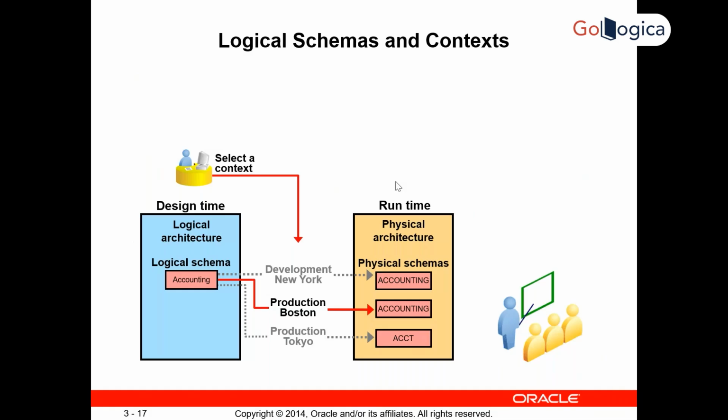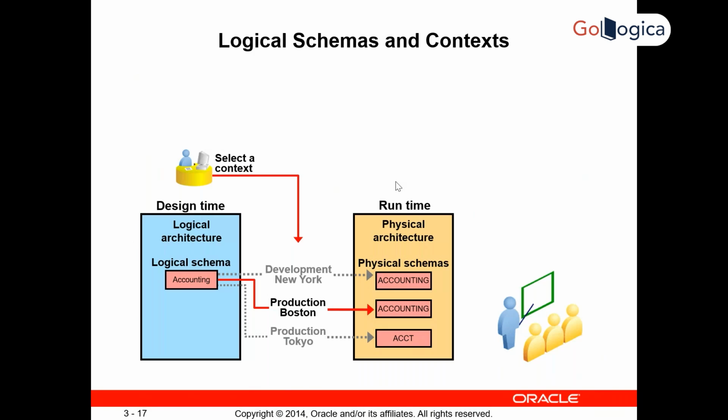At design time I use a logical schema. At execution time, if I say to run it for Boston, it will load the data into my Boston data servers. If I say Tokyo, it will load the data into Tokyo. Or if we have a development environment in New York, it loads data into the development New York data servers.